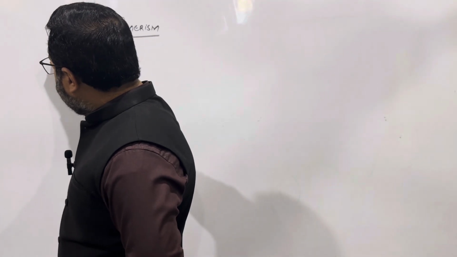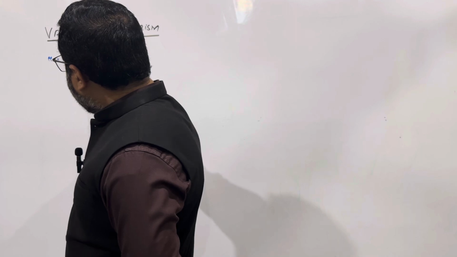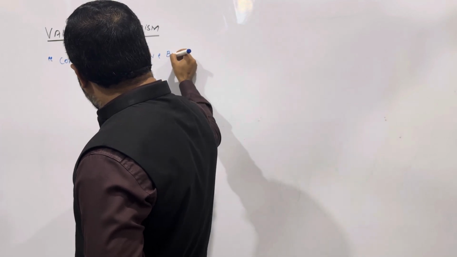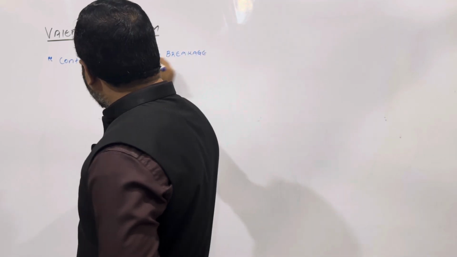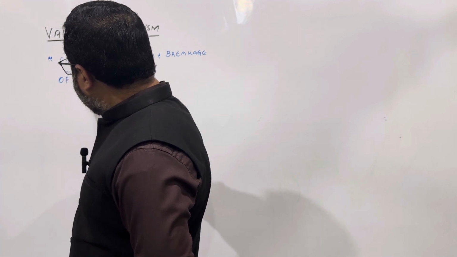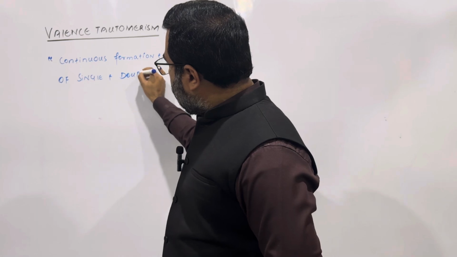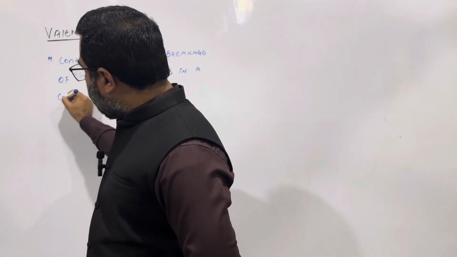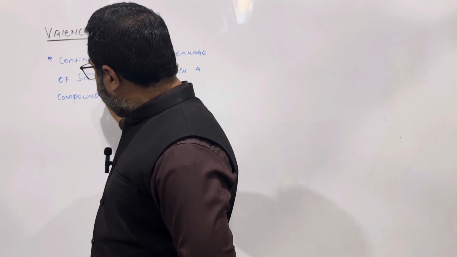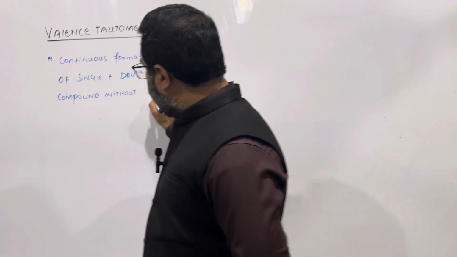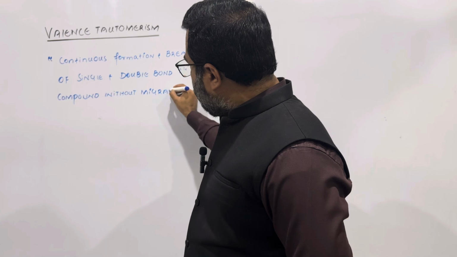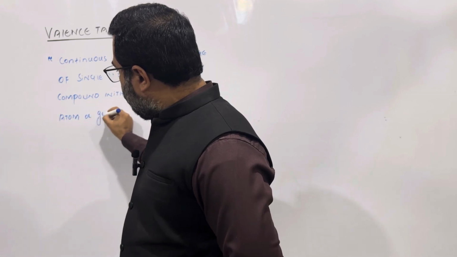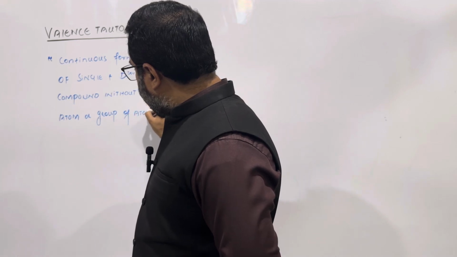Valence Tautomerism is basically due to continuous formation and breakage of single and double bonds in a compound without migration of an atom or group of atoms.